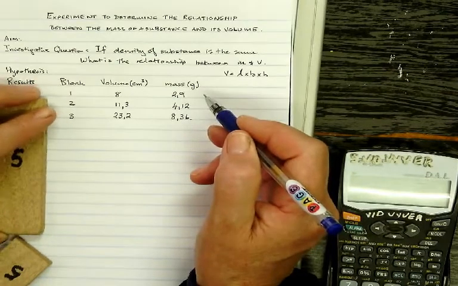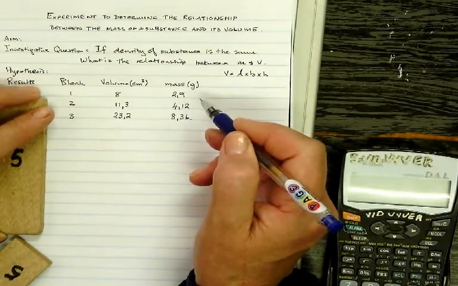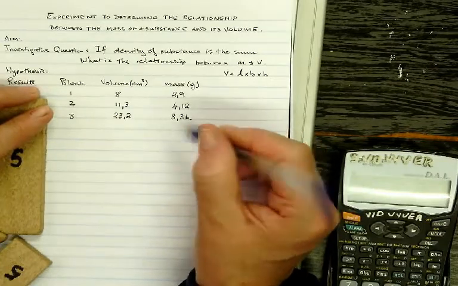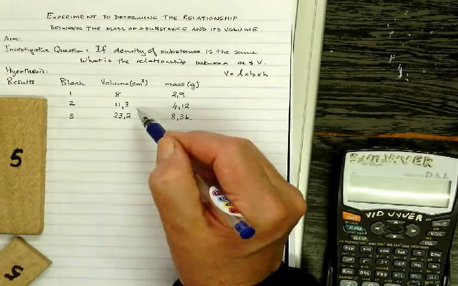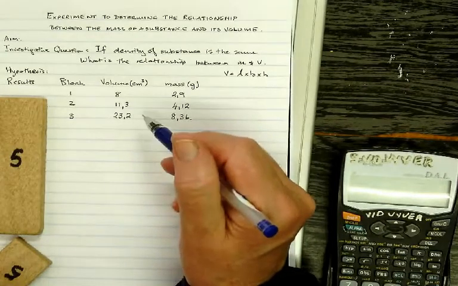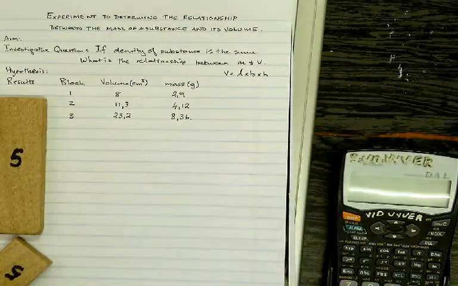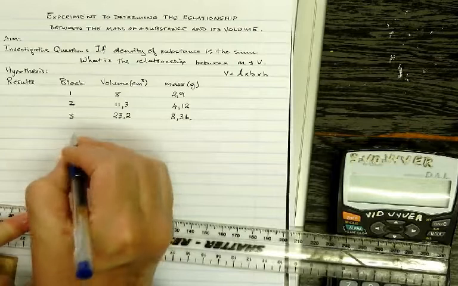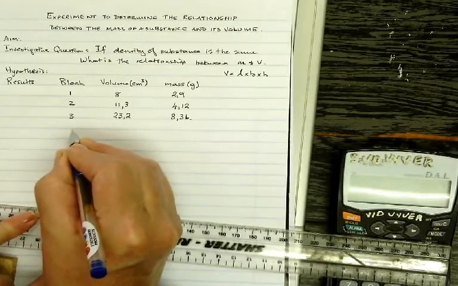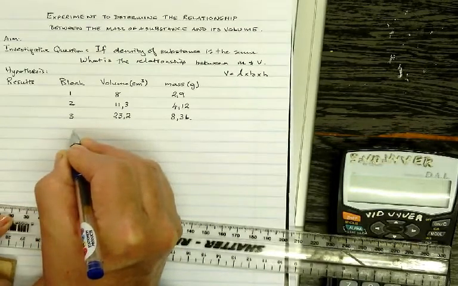Now, why I am making a video of this experiment and its results is to help you draw a line graph that would show us the relationship between the volume and the mass. Your graph should have a title.